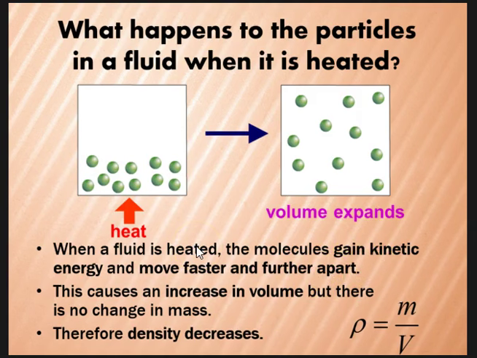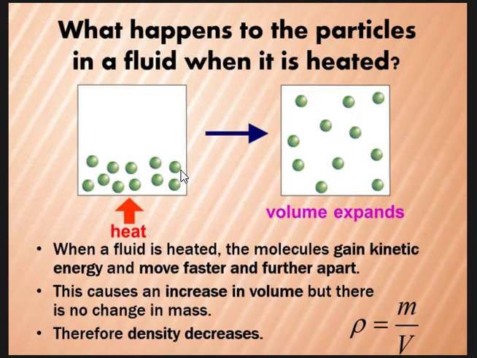Right, at this point in time, I'd like you to take note that it's the density of the group of fluid that changes, not the density of the individual particles itself. Over the years, I've seen countless students who mistakenly answered questions on convection by stating that when a fluid is heated, the particles themselves expand, and as a result, the density of its particles decreases.